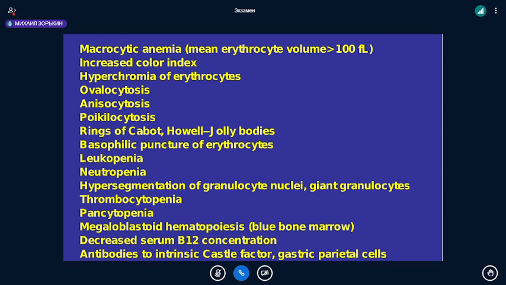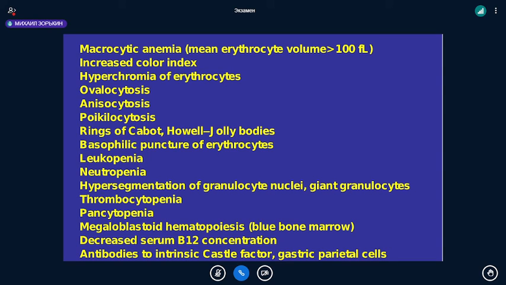So we keep in mind megaloblastic type of erythropoiesis here, when immature forms of red blood cells enter peripheral blood with the remnants of the nucleus. And here they are. Cabot rings and Howell-Jolly bodies are nothing but the remnants of the nucleus.